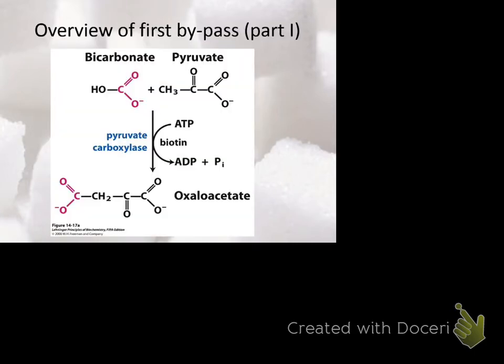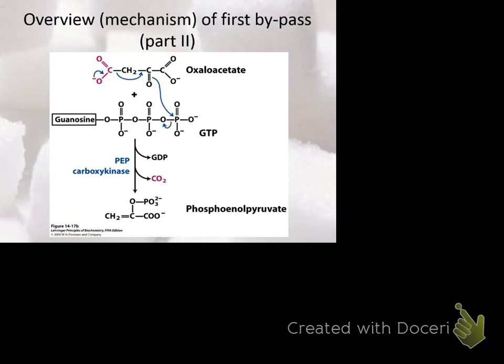Right? So this is just another overall look here. So we have the bicarbonate in the presence of biotin. Of course, it does require ATP. We have the pyruvate carboxylase to make OAA. And then we have this decarboxylation, because I know it's been quite a while since you've thought about beta-keto acids from Organic Chemistry 2, and we haven't covered them yet in Organic Chemistry 2.